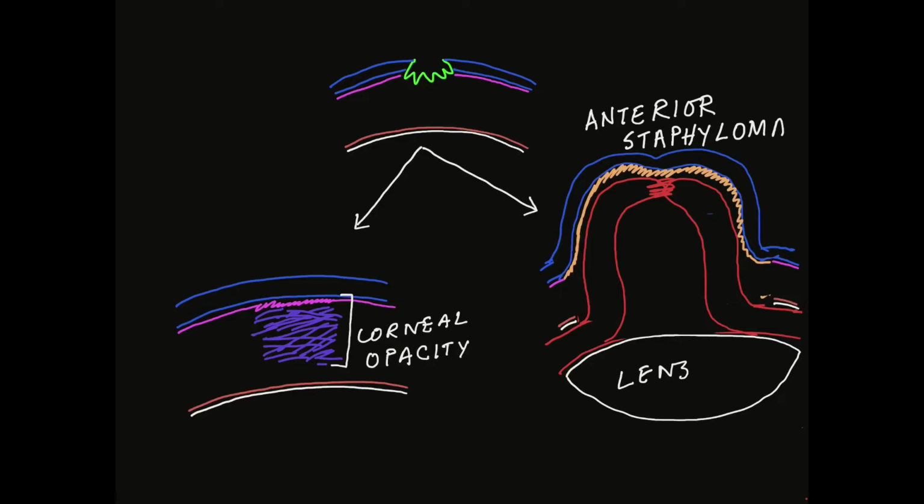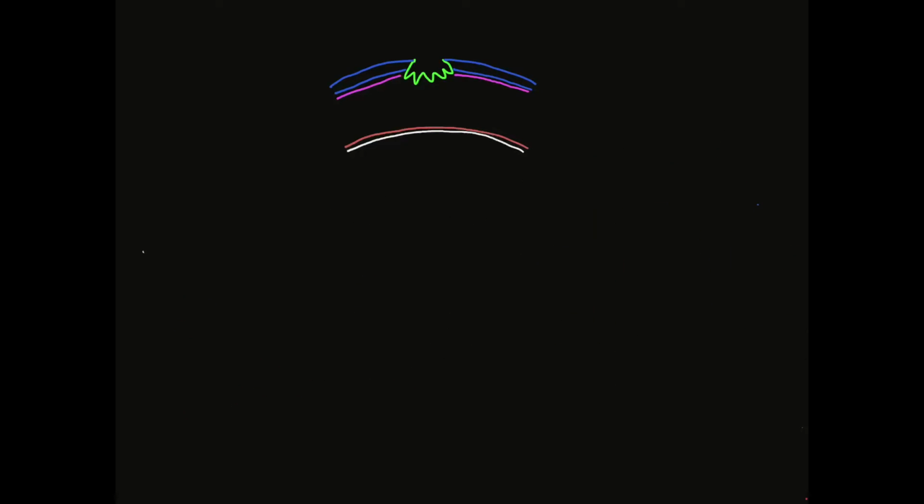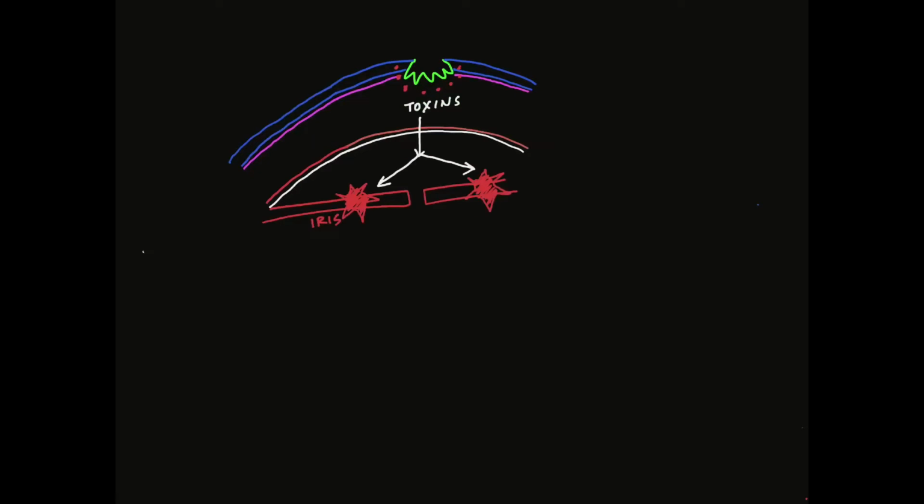Over and above the corneal sequelae, the toxins from the corneal ulcer actually percolate into the anterior chamber, then will irritate the iris and the ciliary body, which will go for inflammation. This is called iridocyclitis.